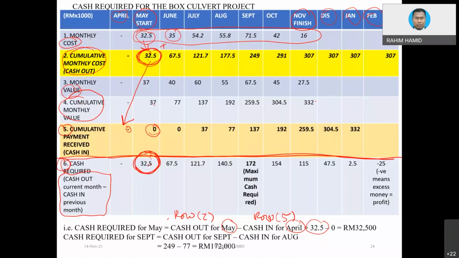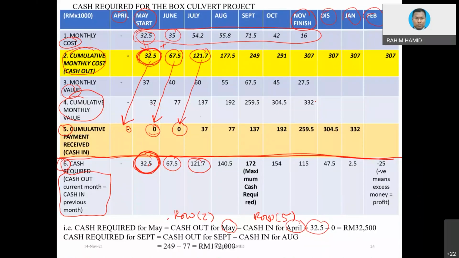Okay, now let's go for June. Cash out for June, 67.5. Which value are you going to deduct? You are going to deduct with the previous month, which is also 0. So that's why you get this value. And then how about July, 1 to 1.7? Still you are going to deduct with 0 because there is no income yet. That's why you get this value.